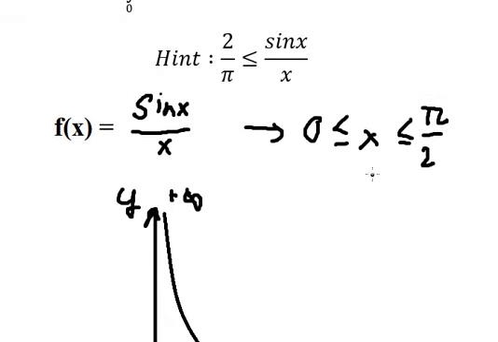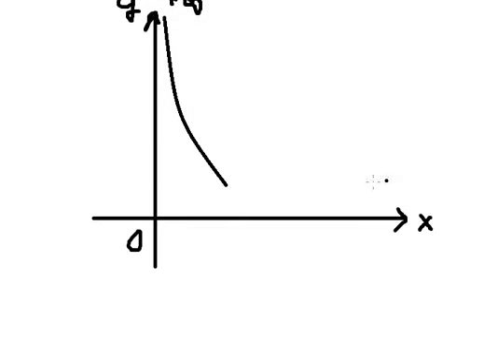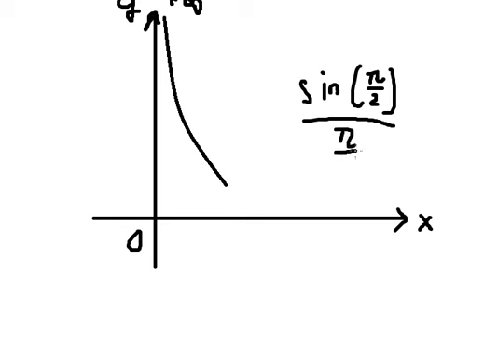When x approaches b over 2, that means we have sine of b over 2 over b over 2. We calculate this and we have 2 over b.